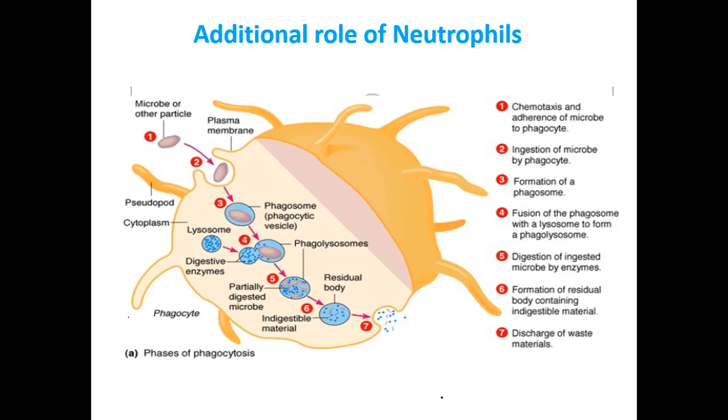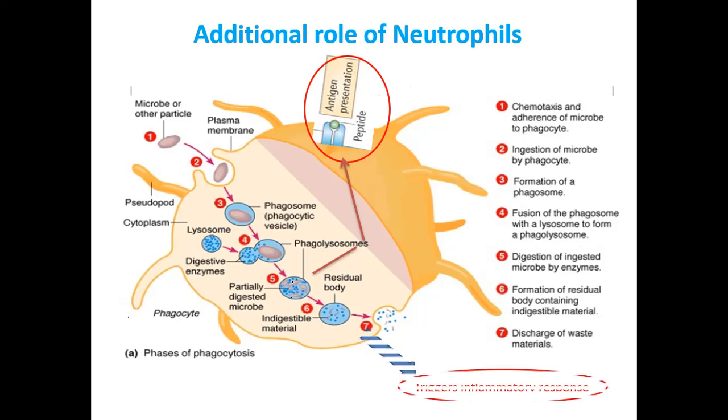This figure shows the two-edged sword role of neutrophils in addition to phagocytosis. At point 5, you can see the cell digests the ingested material. The microbial antigens can thus also be presented on the cell surface receptors, and they will enhance the inflammatory response.